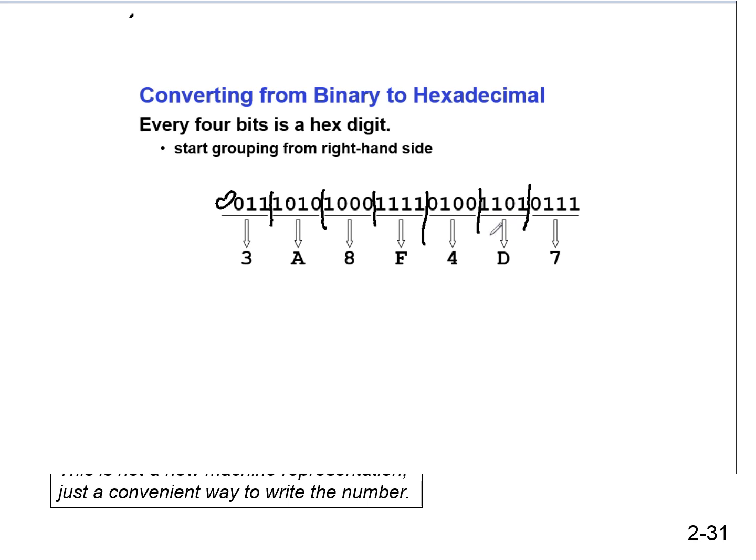This is D. You might want to use that chart to get started. F is very recognizable, 1, 1, 1, 1. A is 10, 1, 0, 1, 0. And the rest are pretty straightforward. So that's how you convert from a binary to a hexadecimal number.